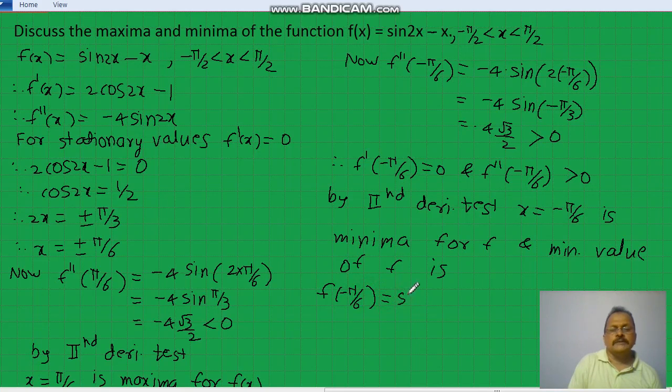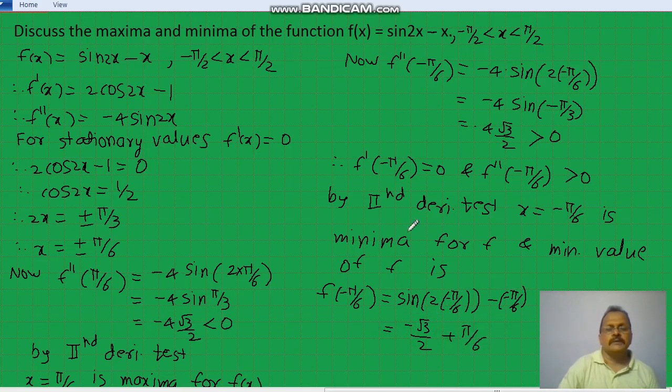It is sine of 2 into minus pi by 6 minus pi by 6. This is equal to sine of minus pi by 3, which is minus root 3 by 2, plus pi by 6. This is the final answer.